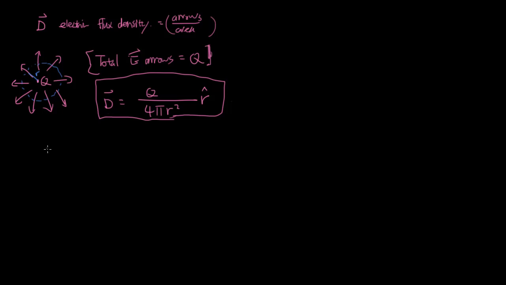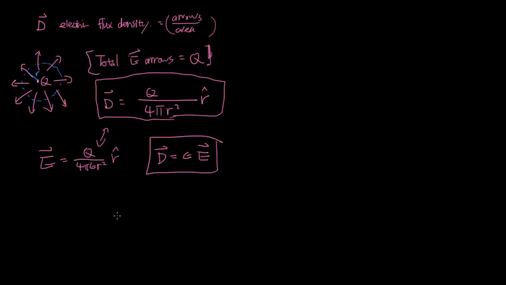Now compare this to the electric field equation for a point charge. The electric field equation for a point charge was Coulomb's law, except we just take out the observer charge. So you have Q over 4 pi epsilon r squared in the r hat direction. By comparing these two, you can see that the electric flux density is equal to the electric field times a factor of epsilon.